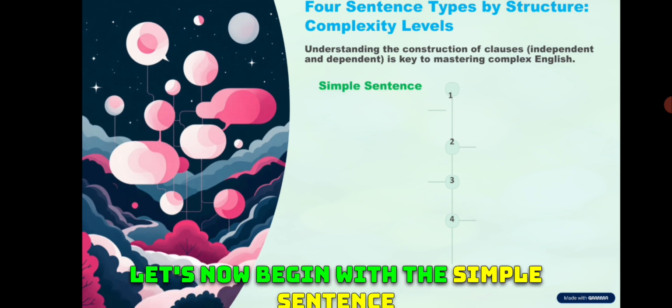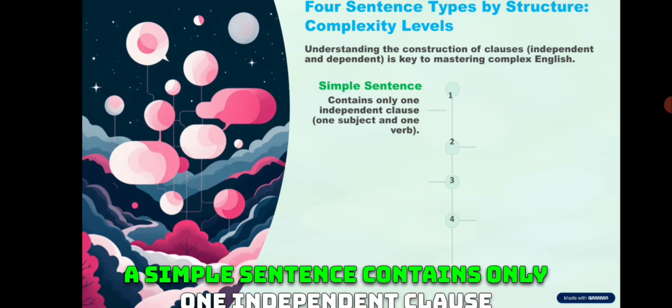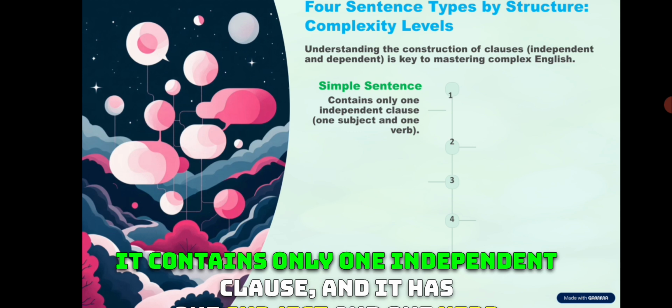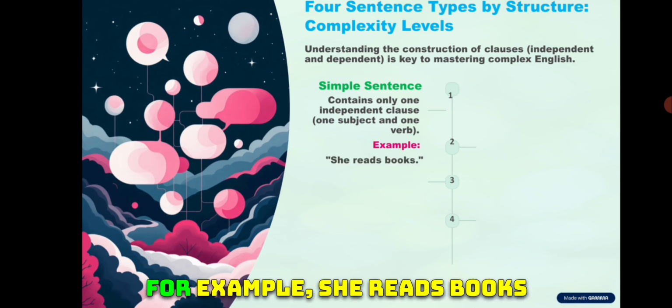Let's now begin with the simple sentence. A simple sentence contains only one independent clause. It contains only one independent clause, and it has one subject and one verb. For example, she reads books.